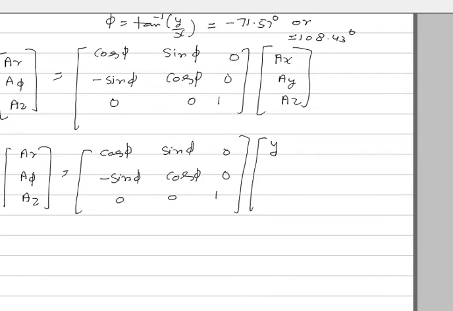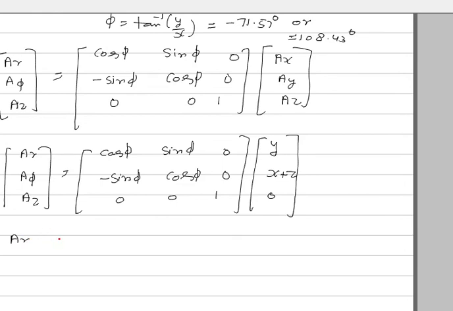Next is x plus z unit vector AY. This is the component of y, so this value is x plus z. But in the given vector there is no component of z, so the value of z component is 0. Now solve these values.